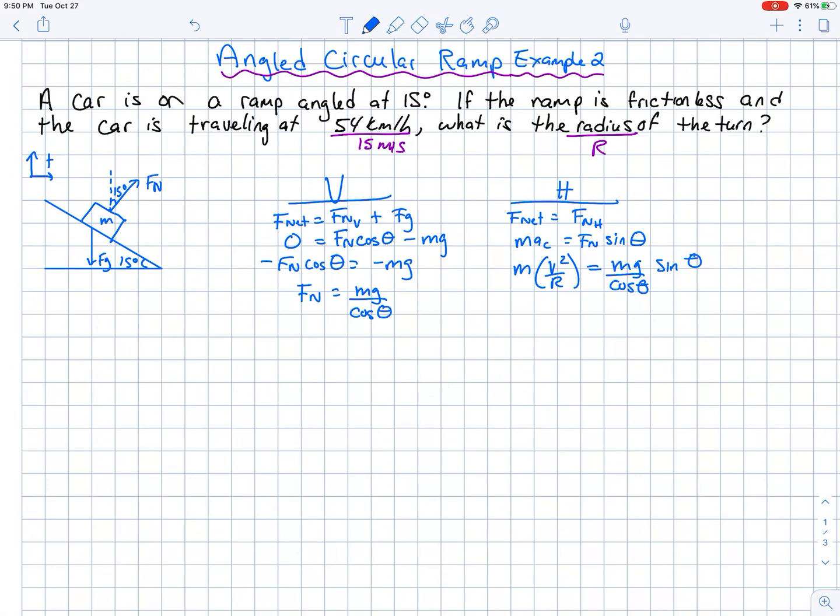So substituting in for Fn, we get mg over cosine theta is equal to m v squared over r times sine theta. Then we will cross out the mass. And in this case here, let's just clean that up first. So we've got v squared over r is equal to g tan theta.